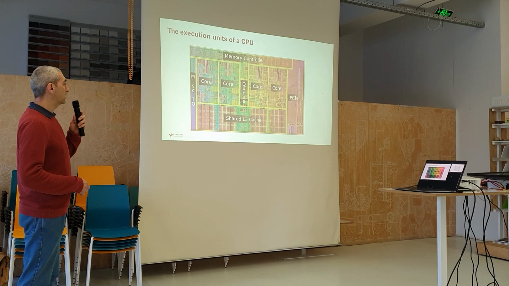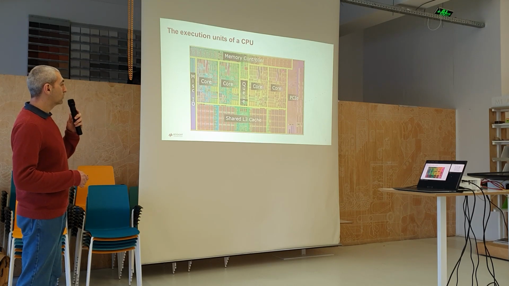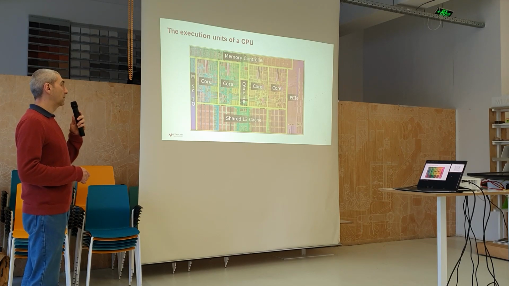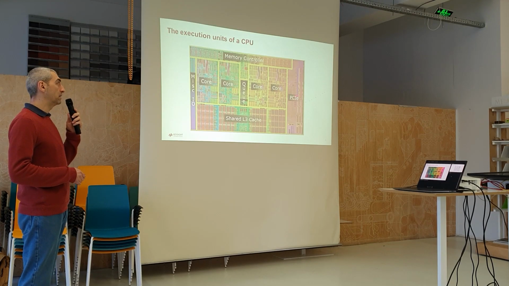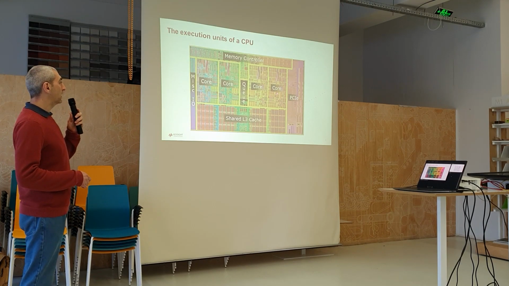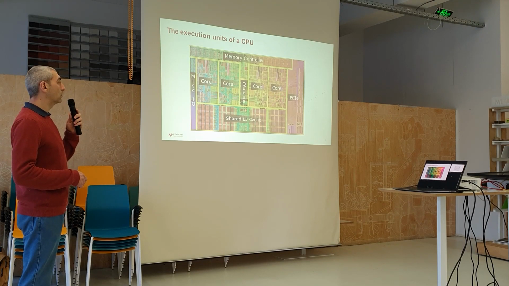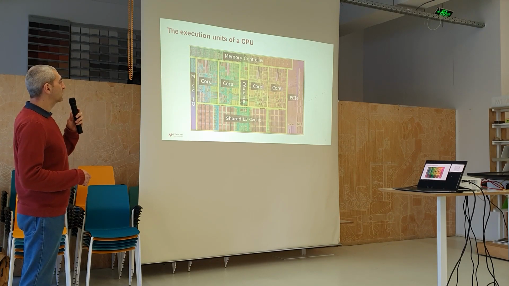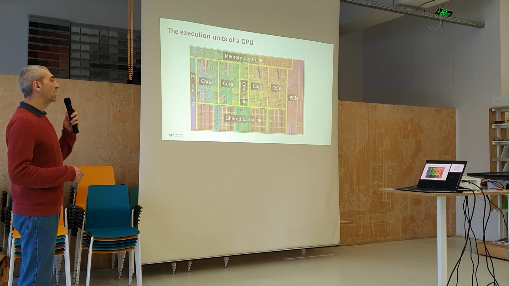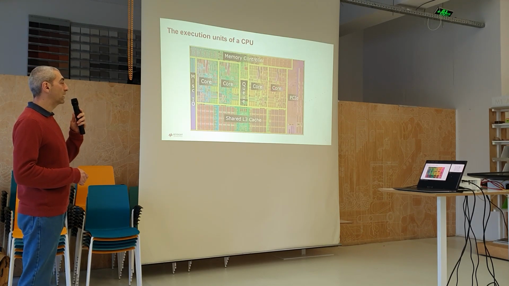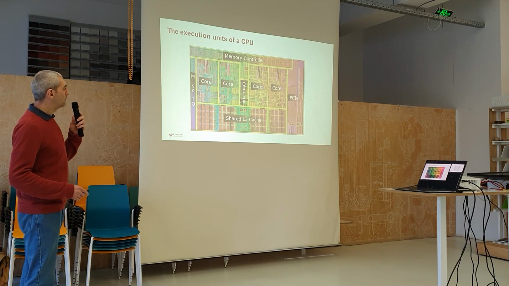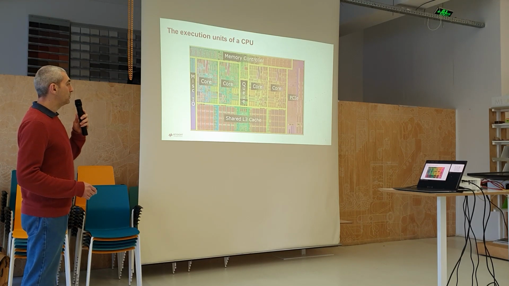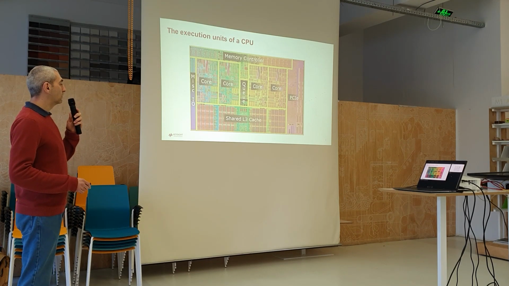Here we have the associated cache, memory controller. All are grouped in specific, let's call them regions. But in the end, they are all formed of individual units. So for example, let's consider this chunk here. It might be a specific execution unit. So the main idea here is that a CPU is comprised of different units.